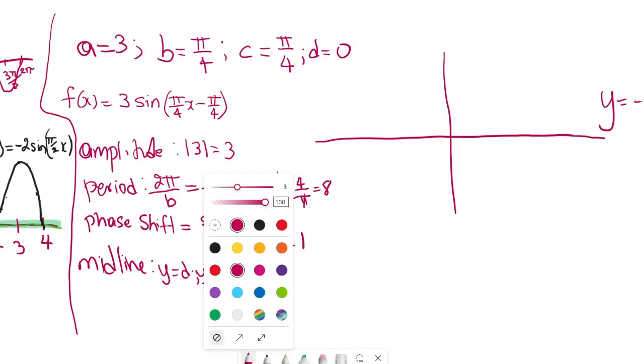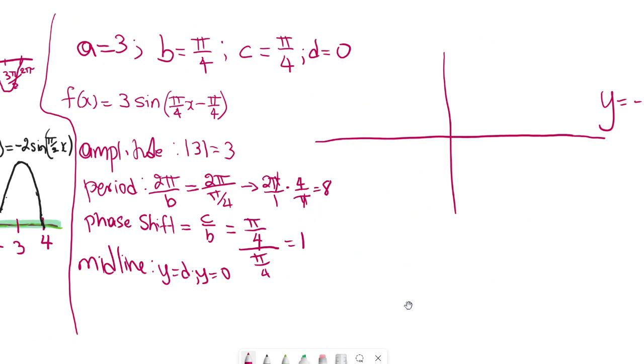And okay, now that we have our midline, let's look at our endpoint. If we want to determine what the endpoint is, we're going to add your phase shift, or starting point, plus your period.